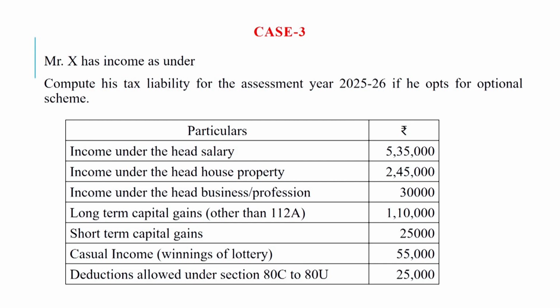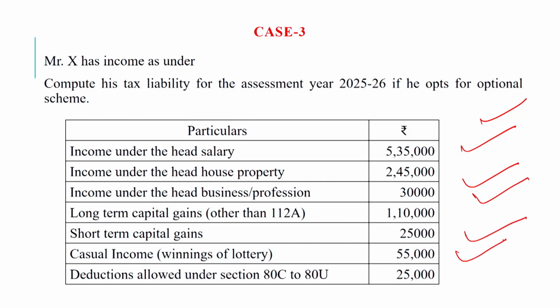So dear students, income under the head of salary given in this question is 5,35,000. Income under the head of house property is 2,45,000. Income under the head business and profession is 30,000. Long term capital gain rupees 1,10,000. Short term capital gain rupees 25,000.